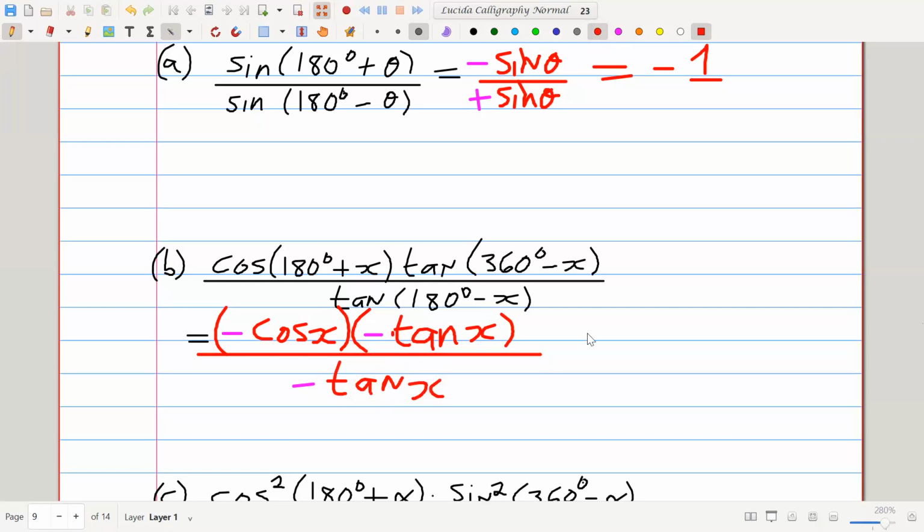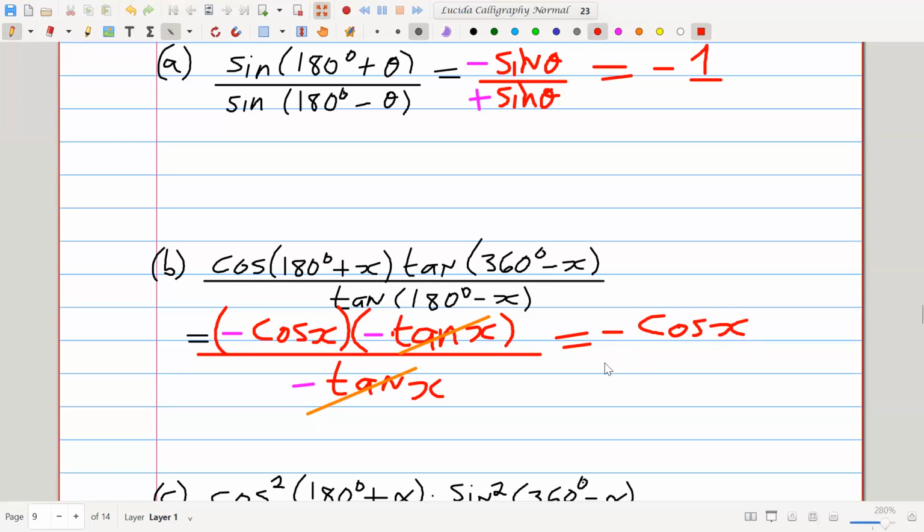So it simply means now, if we were to look at this, you have a negative tan on top and on the bottom, that would cancel off. So we'll end up having minus cos x. That would be your result.